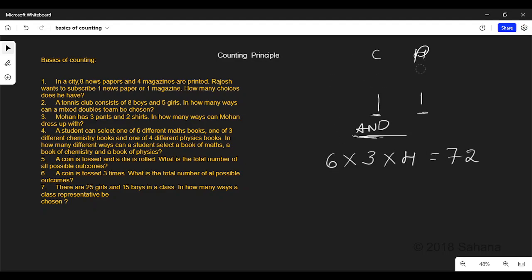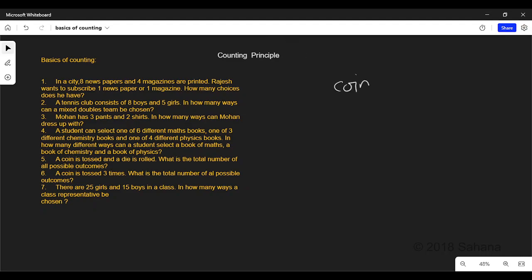Fifth question: a coin is tossed and a die is rolled. What is the total number of all possible outcomes? See, these two events are independent of each other, they do not depend on each other. When a coin is tossed, what are the options? Either I may get head or a tail. When a die is rolled, the options are 1, 2, 3, 4, 5, 6.